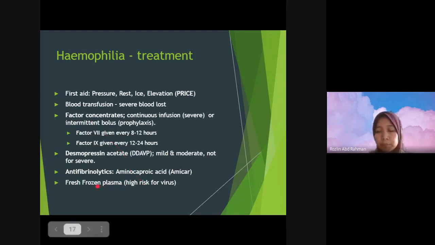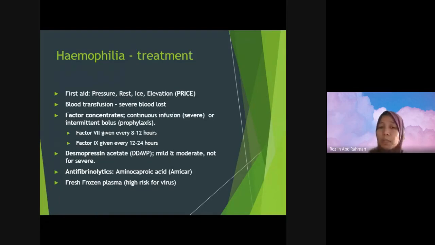Another option is we can give them recombinant factor replacement which is a genetically engineered factor 8. Okay, this is free from contaminating virus but sangat mahal. So this is considered as one of the alternative treatment. Okay.